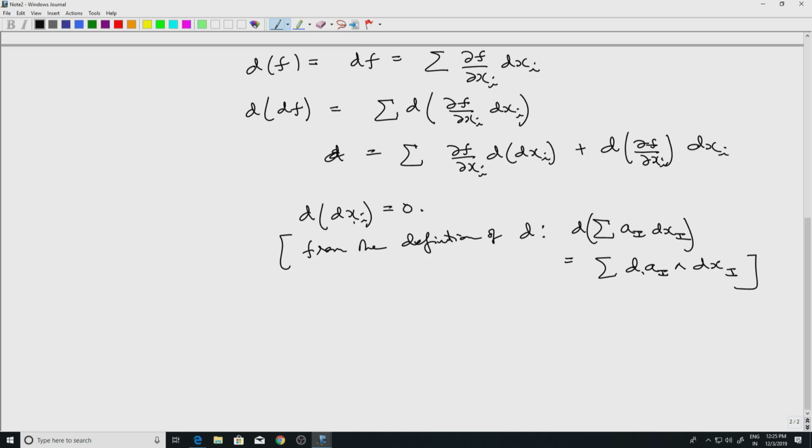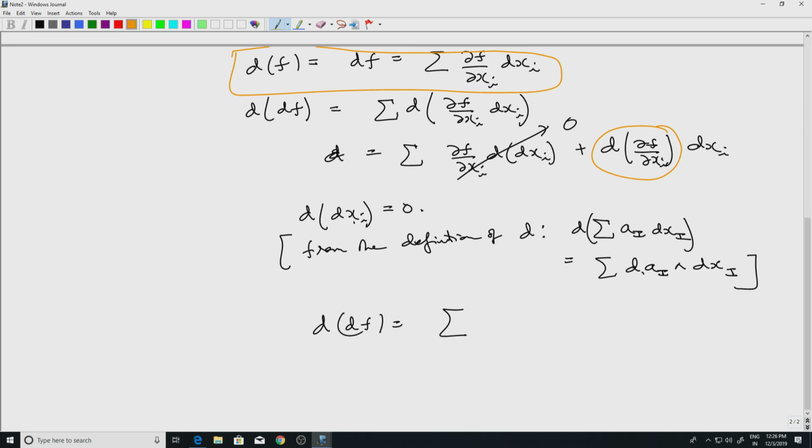So therefore, in d df this term goes away, and as for the other term, again I use this expression, except that instead of f, now I have del f by del xi. So I'll have to use a different index when I take partial derivatives.